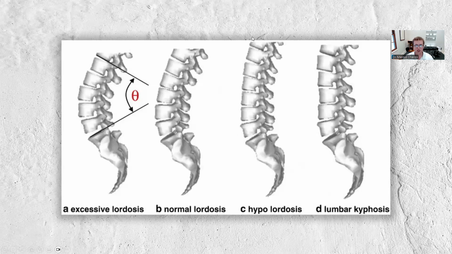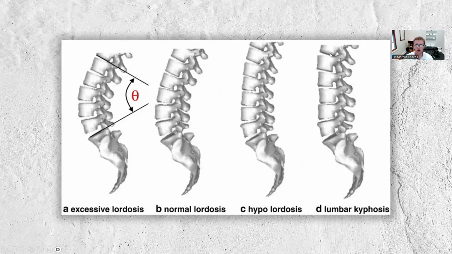Again, this is going to change the distribution of force that's being applied through the structures of your spine, which is going to have a detrimental effect on degenerative and arthritic processes, as well as the quality of the discs and the tension that's going to be placed on the muscles, ligaments, and everything that's surrounding and supporting the spine. We can also see that there's a reversal that can occur with these curves.